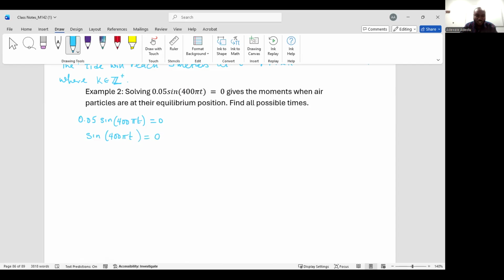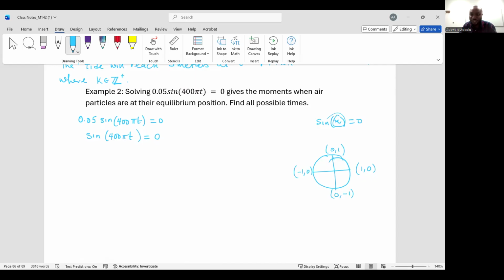We are asking the question. If I give you something like this, sine of x equals 0, what is x? I'm asking, what angle x is such that when you take the sine of that angle, it is going to give you 0? Remember, from our unit circle, we have 1, 0, here 0, 1, here negative 1, 0, and also 0, negative 1.